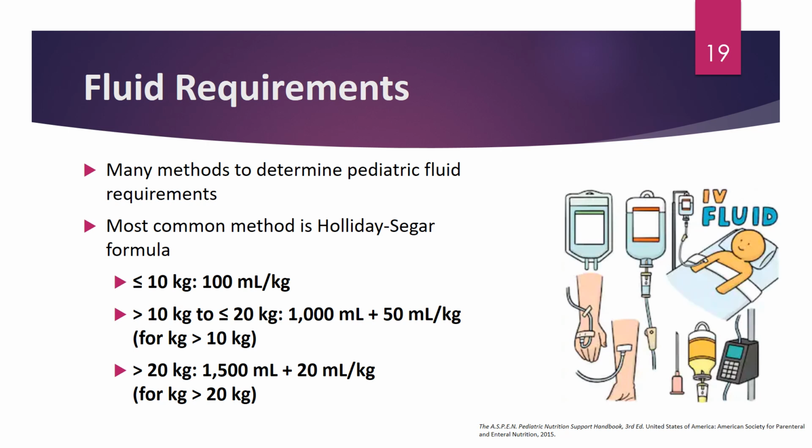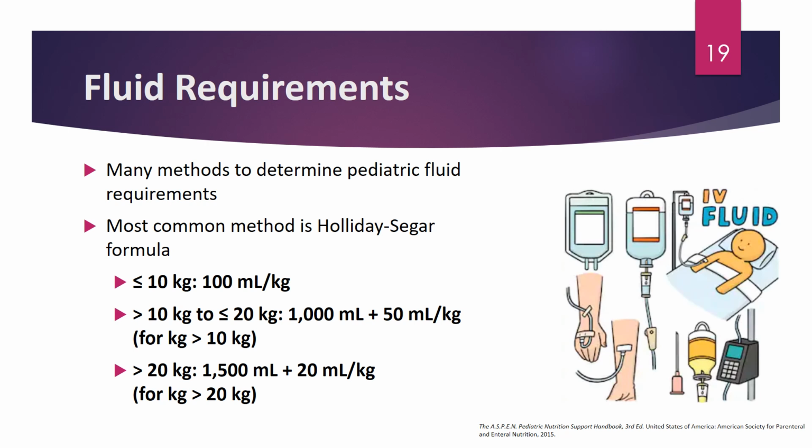So how does that second part work out whenever you have kilograms above a certain amount? Well, let's say you had a 15 kilogram patient, for example. You would use this middle formula here, and you would do 1,000 mLs plus 50 mLs per kilo for each kilogram over 10 kilos.